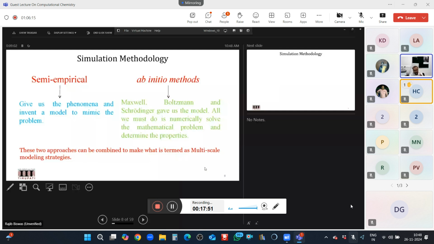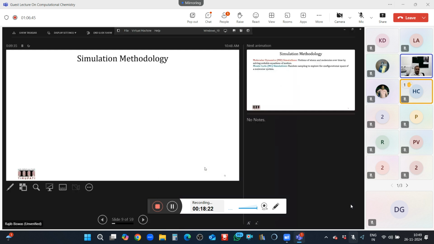If you are not really interested in electronic properties that accurately, but are more interested in the macroscopic responses of large molecules like proteins and biomolecules, then you can go for semi-empirical methods, where you describe the molecules using some classical models. The two approaches can be combined, and you can address many different multi-scale systems using these two approaches.